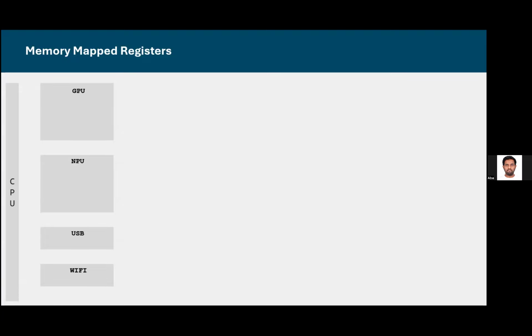The next one is memory mapped registers. We will see how the CPU talks to the GPU, NPU, USB and Wi-Fi. Each subsystem will have a set of registers. How does the CPU command something to be done by the GPU or the NPU? GPU and NPU have registers inside them.